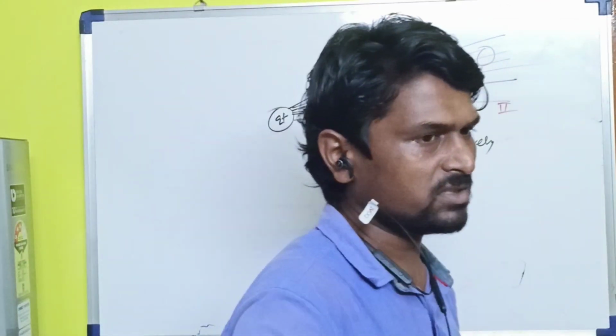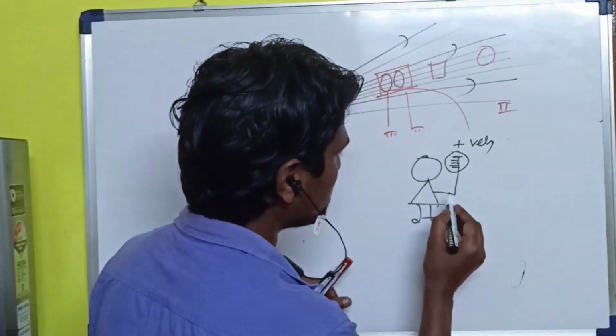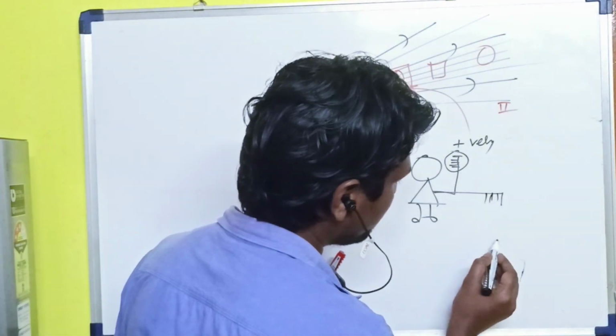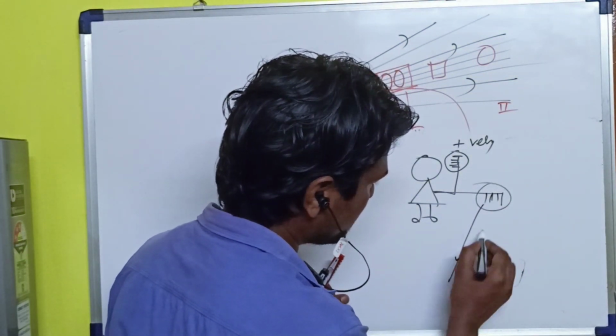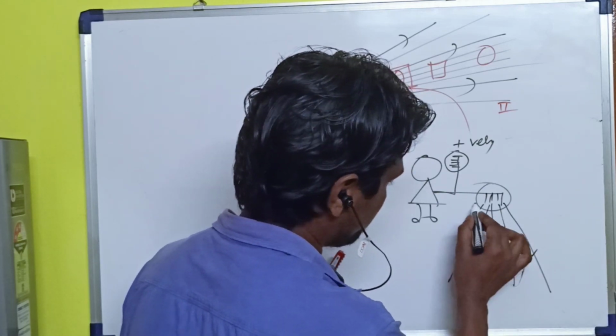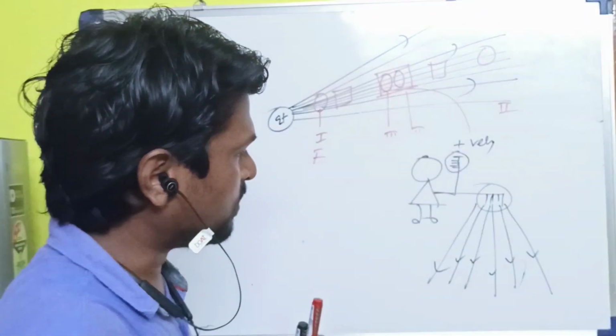If we place the comb here, it creates an electric field of different intensity at different places. This is not a uniform electric field. So the comb creates a non-uniform electric field.